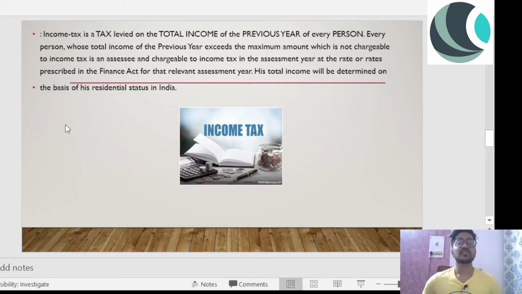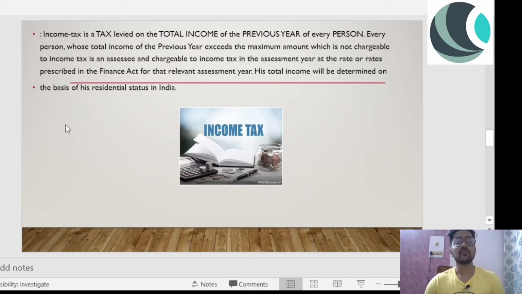And chargeable to income tax in the assessment year. The assessment year is the current year, and the previous year is the one where you earned that income, right? At the rate or rates described in the Finance Act for that relevant assessment year. So for that assessment year, the Finance Act defines the rate or rates of taxes.